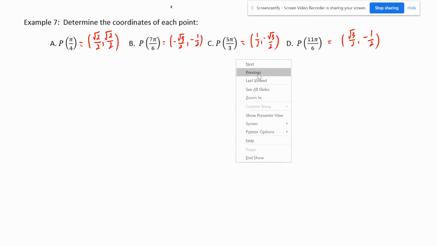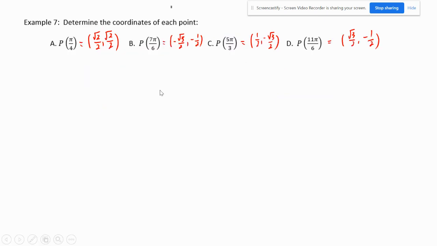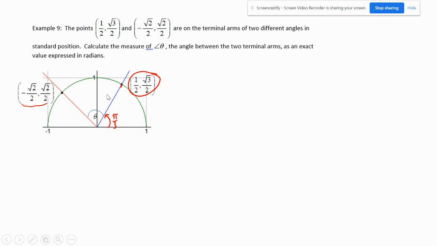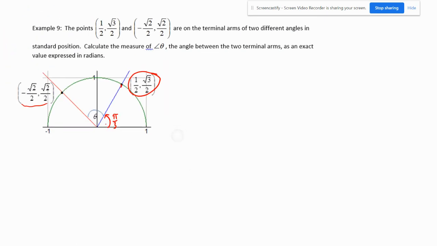Now for the second point, negative root 2 over 2, root 2 over 2, same idea. I'm going to look back to my unit circle. That is this point at 3 pi over 4. That's this angle here, so I'm going to label this as 3 pi over 4. The angle between them is going to be the big angle minus the small angle, 3 pi over 4 minus pi over 3.